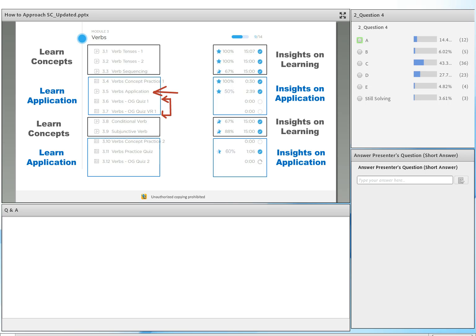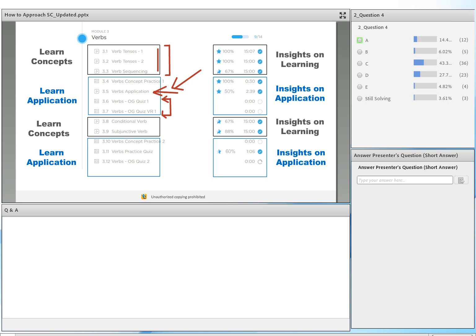So what you look at over here is that we are not burdening you with all the grammar rules all at once and then having you recollect those grammar rules and then solve SC questions. No, what we are doing instead is giving you small blocks of information, and then we are testing you on questions that only test these blocks of information.